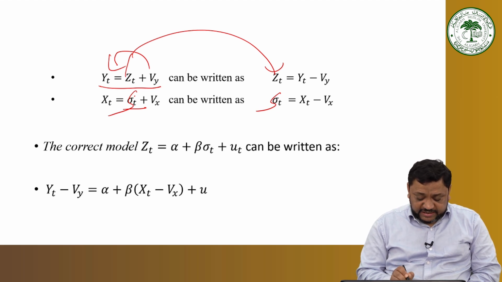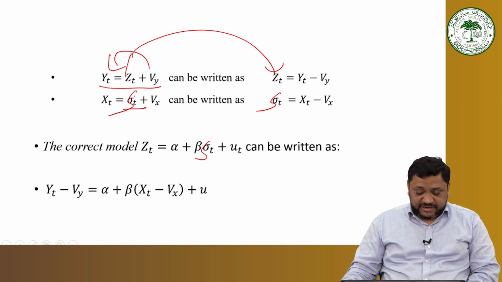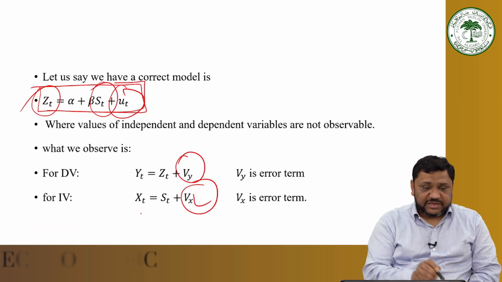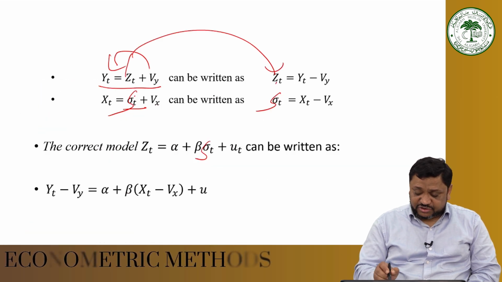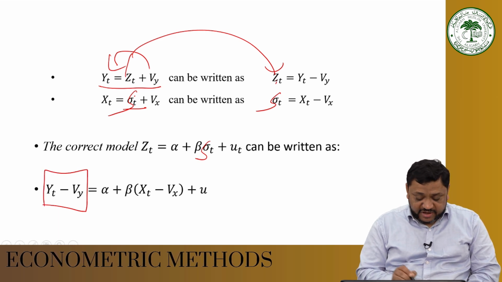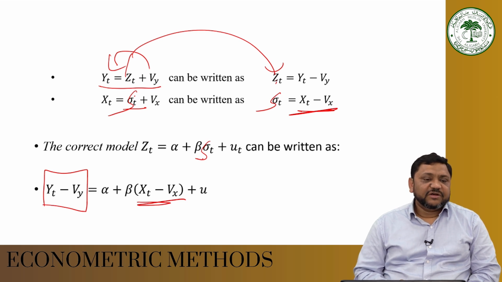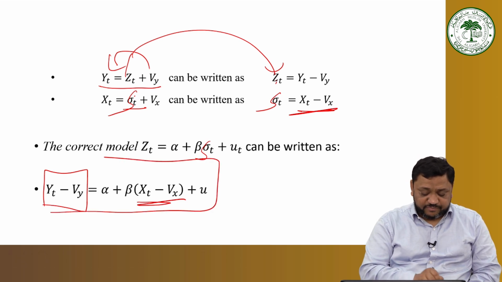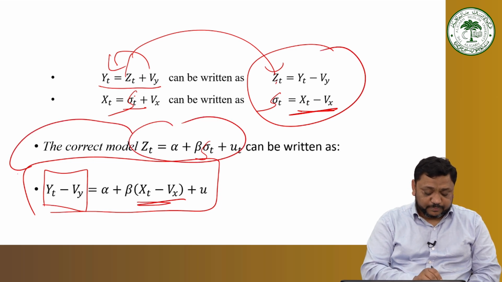So basically the correct model is zt is equal to alpha plus beta st plus ut. This is the model which we are assuming. Now we have just defined z and s, so in place of z we write yt minus vy, and in place of s we write xt minus vx. Using this information, we can write this model in this form.